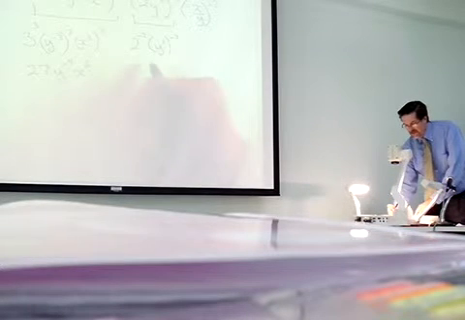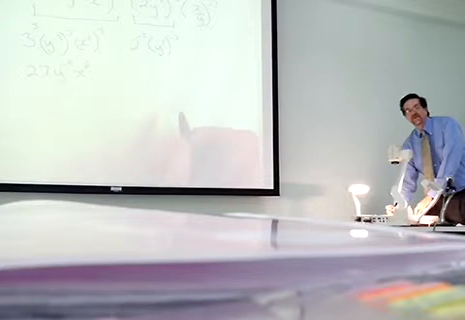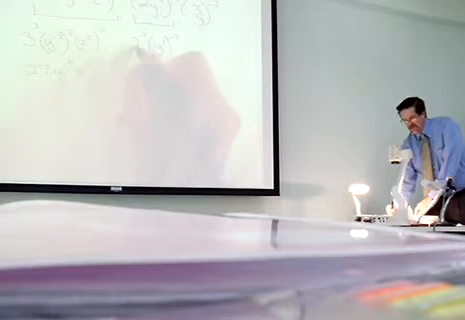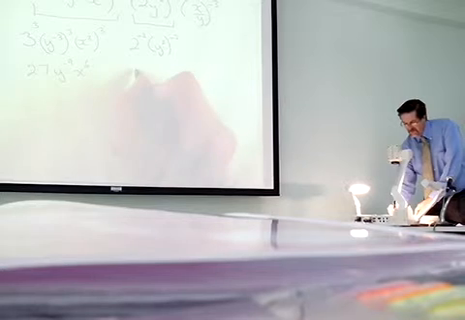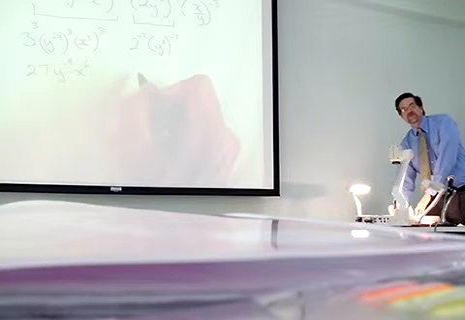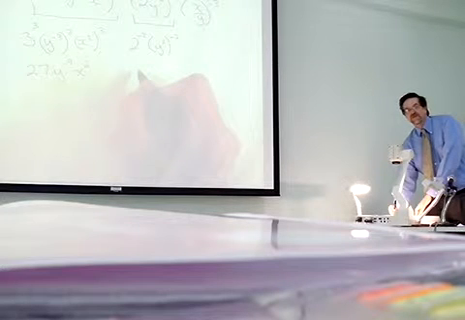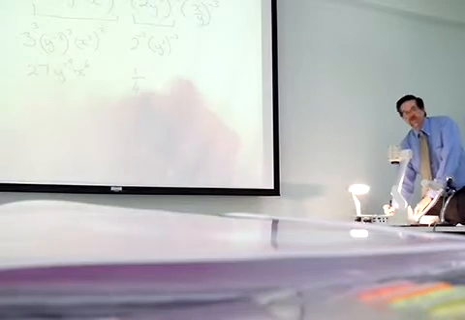So what do we have here? 2 to the exponent negative 2 is 1 divided by 2 to the exponent 2. So this is 1 divided by 4, right?